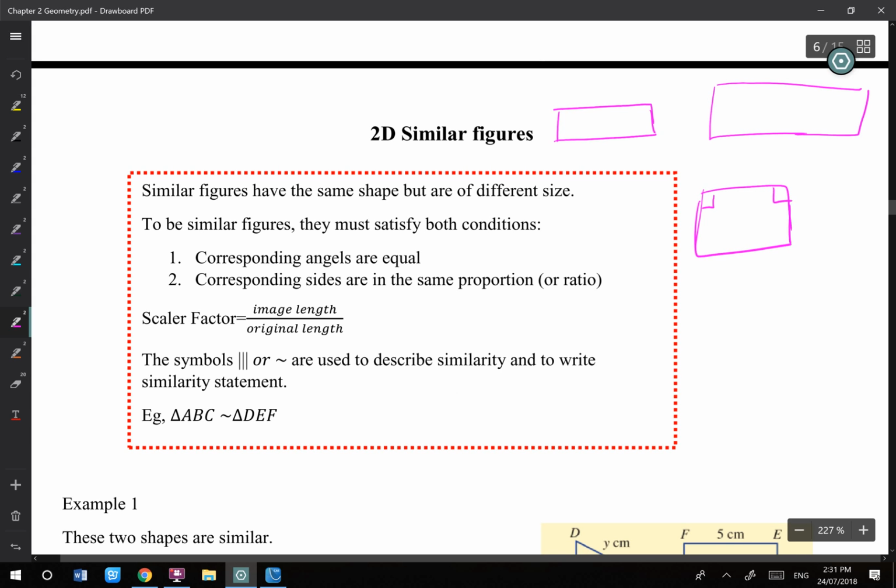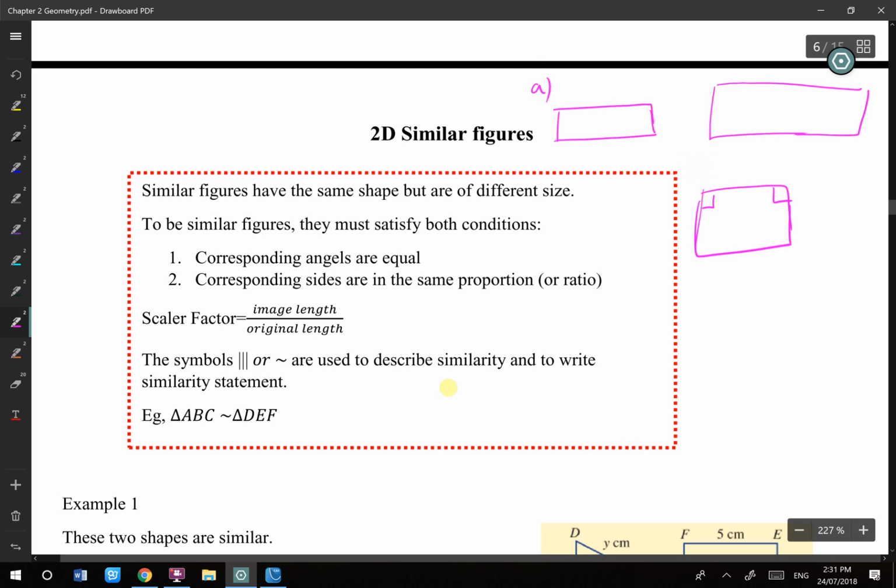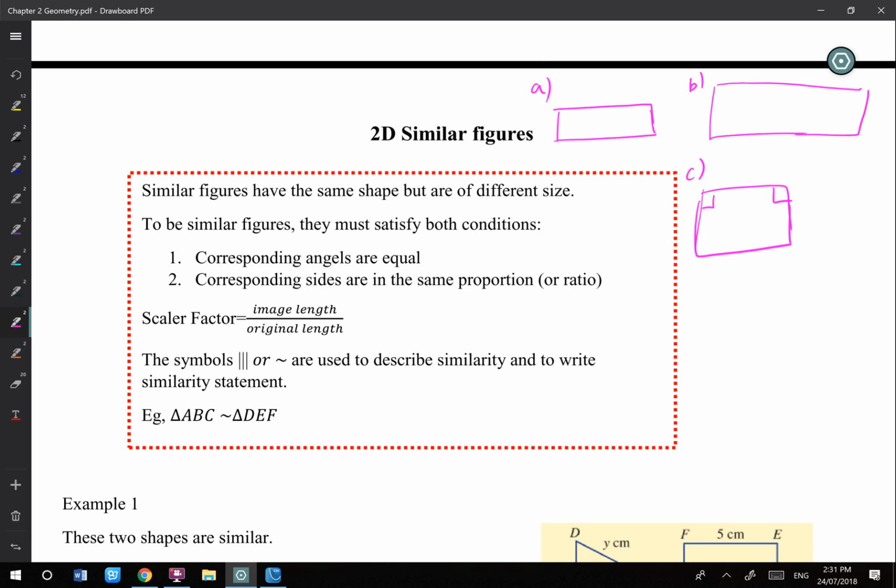They have the same shape, they're rectangles. Are they similar? That's my question. Are they really similar? Let's say A, B, and C. Do you think these three are similar shapes? Okay, someone feels yeah, someone feels you can't say, someone says no.